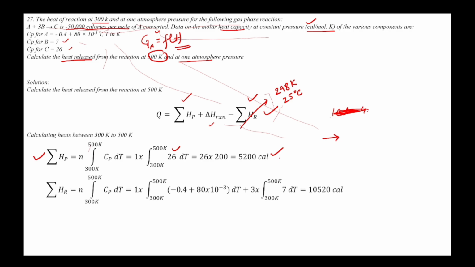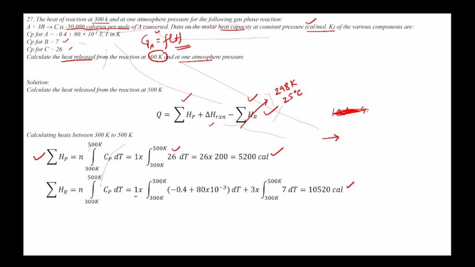Now calculating for the reactants, and we have two reactants, A and B. So n Cp delta T from 300 to 500: 1 mole of A, which is a function of temperature, then 3 moles of B, which is straightforward 7, not a function of temperature.